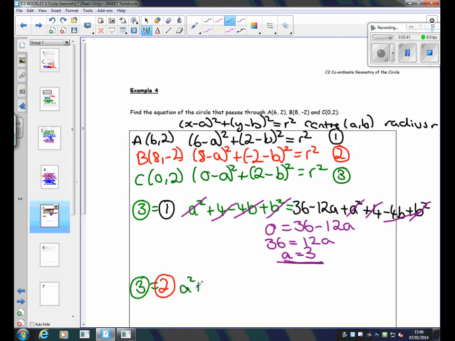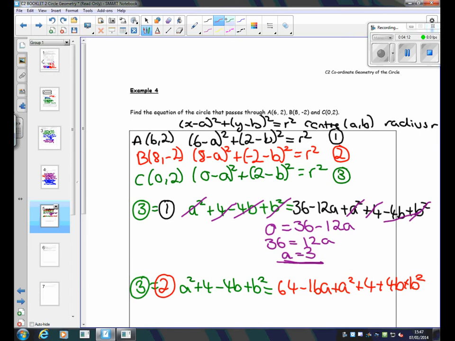A squared plus 4 minus 4b plus b squared is equal to, and now on this side this time we have 64 minus 16a plus a squared plus 4 plus 4b plus b squared.